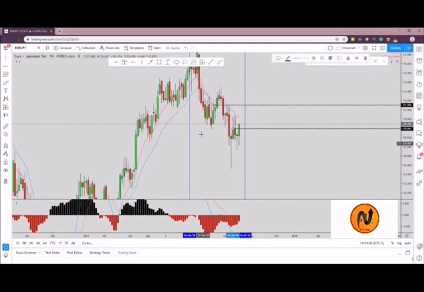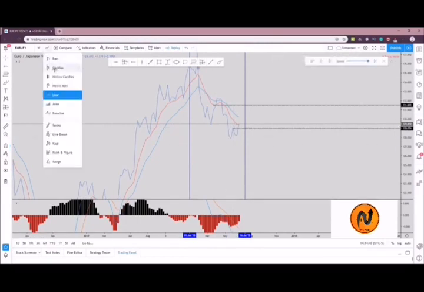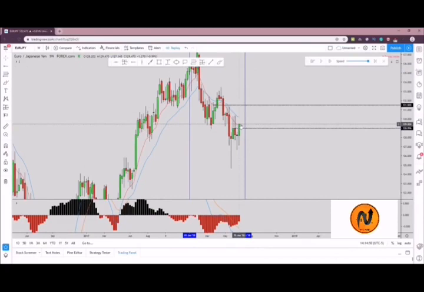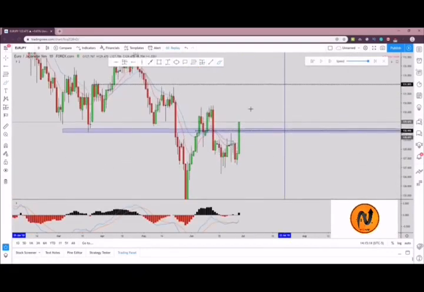We can go on the line chart just to be more accurate, and we can quickly realize that this was the structure that the market had created, and now the candle closed back above the resistance. So we can expect the next candle to go for a retest of it, and usually this ends up being a powerful explosion to the upside to complete the W formation. So let's see what will happen from a daily perspective.